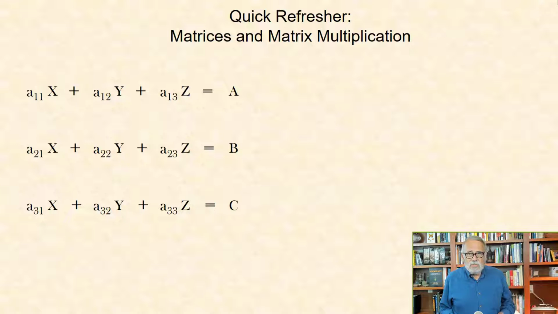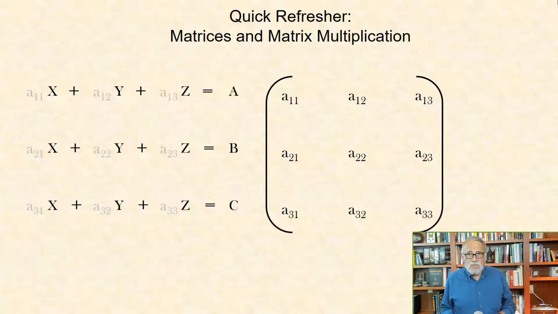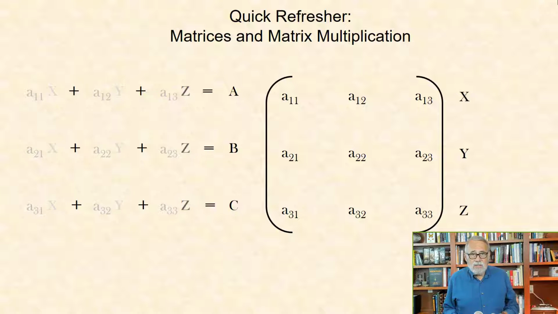Before I introduce this matrix model, I will take 1 minute to present a quick refresher on matrices and matrix multiplication. Matrices are used in population analysis and projection to efficiently express and manipulate a set of equations that look like the following: a series of formulas with variables and coefficients. The coefficients can be arranged in matrix form as rows and columns like the following, and the variables arranged in vector form like this.